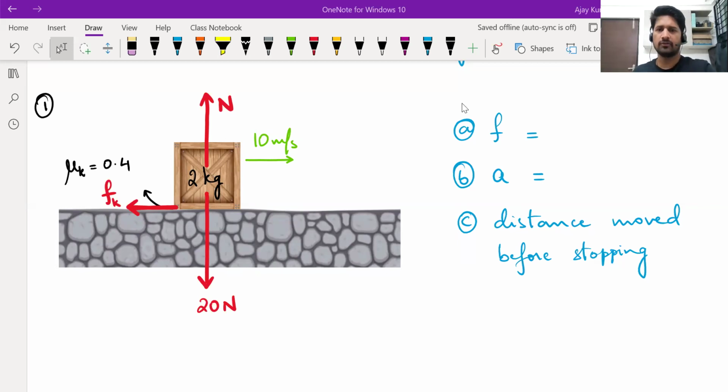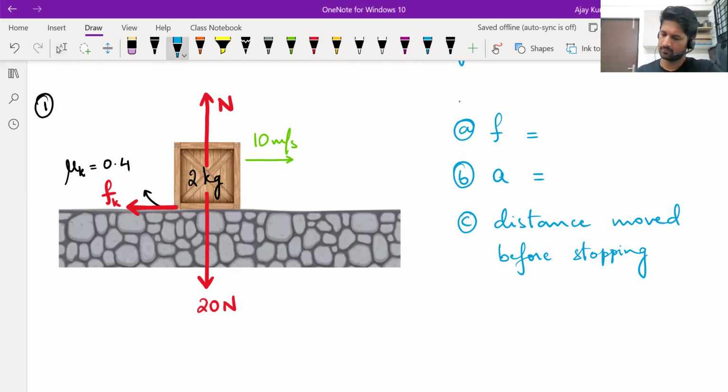Okay. Yusuf, have you calculated the friction? Saket, how much is the friction acting on the block?